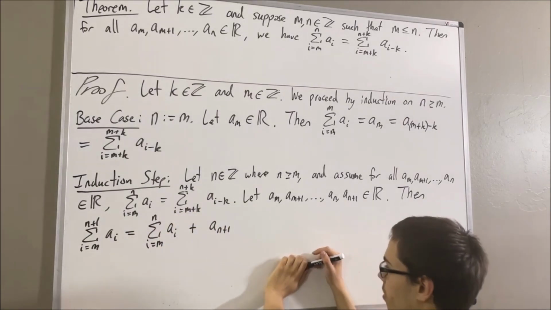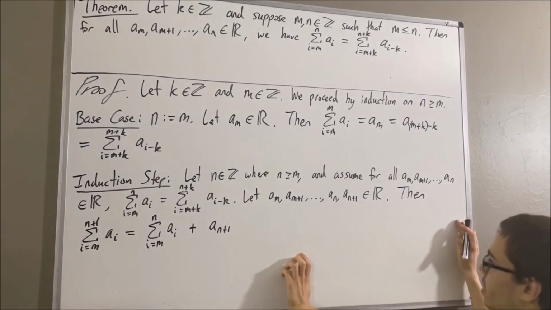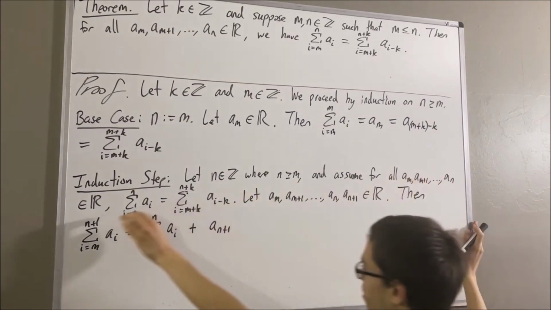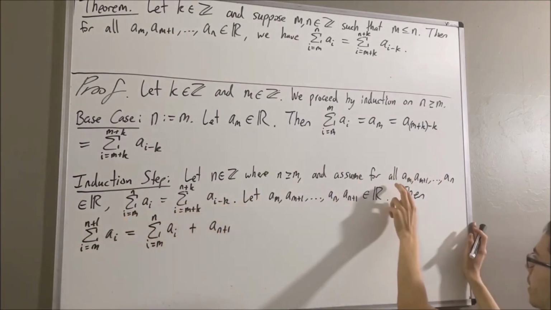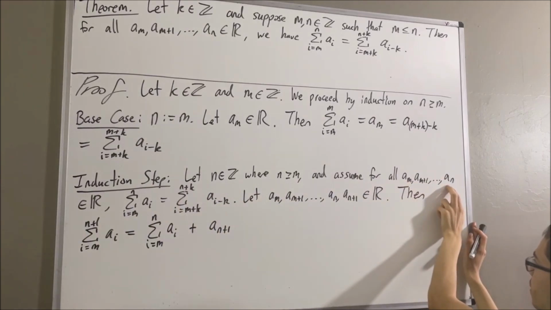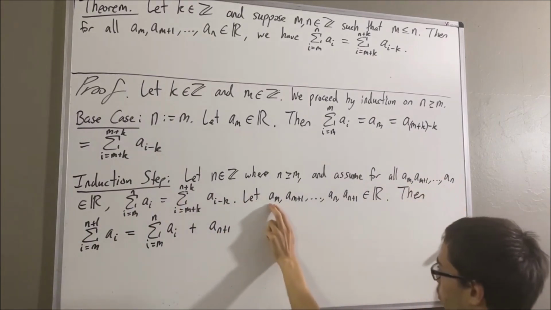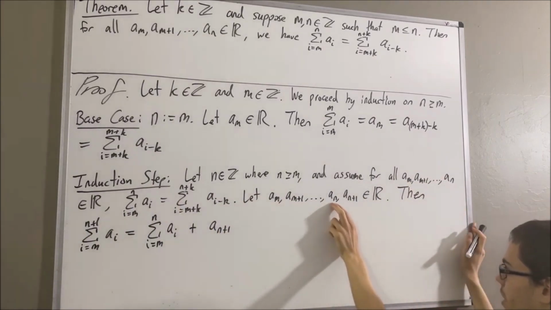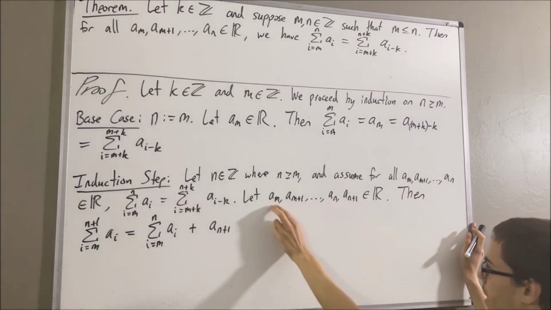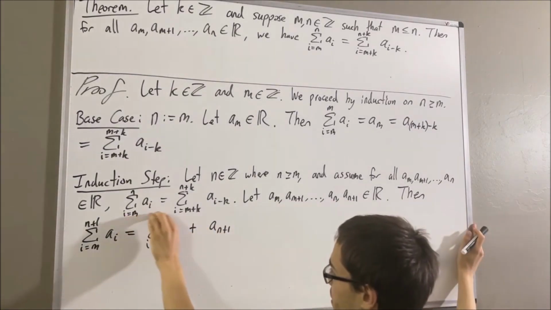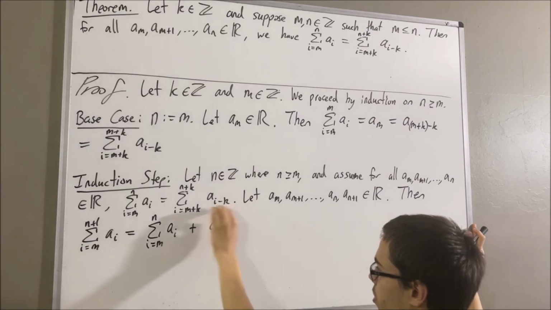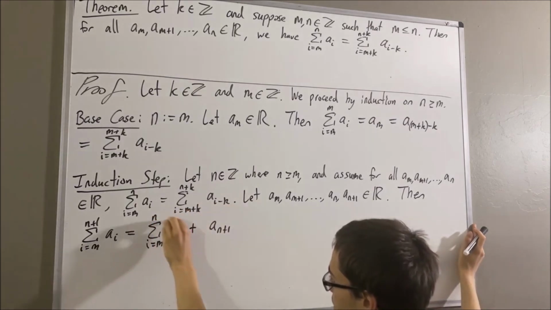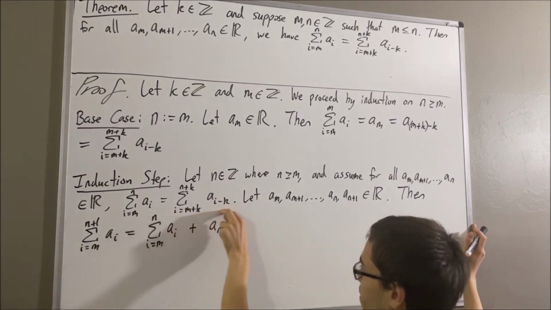Can we do that? Well, it turns out we can, because to use our induction hypothesis, we have to have a list of numbers from a_m to a_n. Well, we have a list of numbers from a_m to a_n right here. So, taking this list, we have that this is true. So since this is true, we can replace this sum with this.